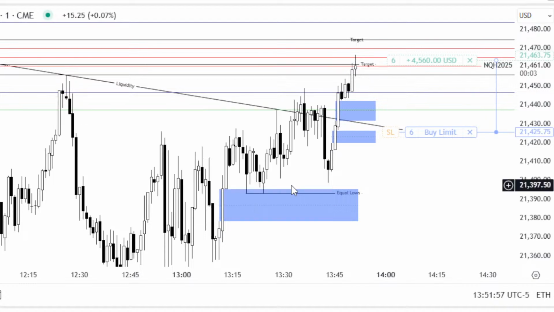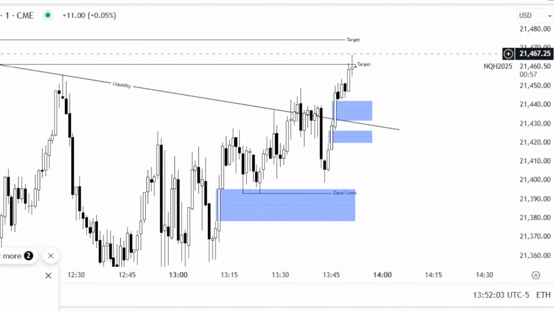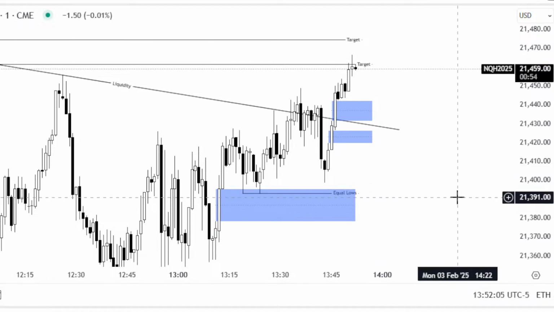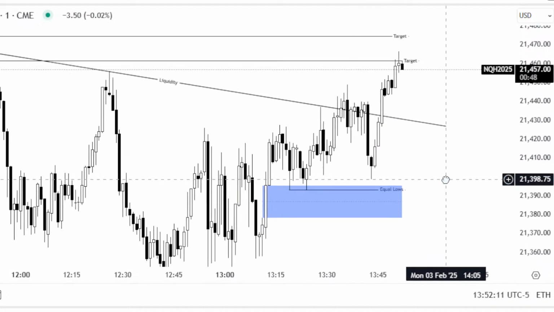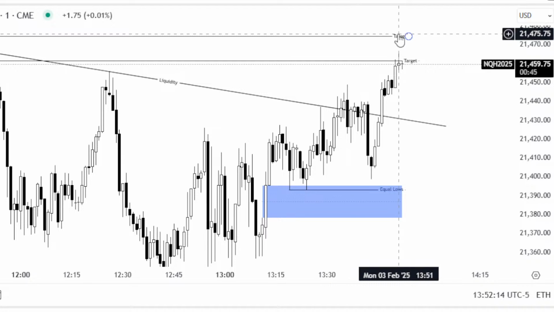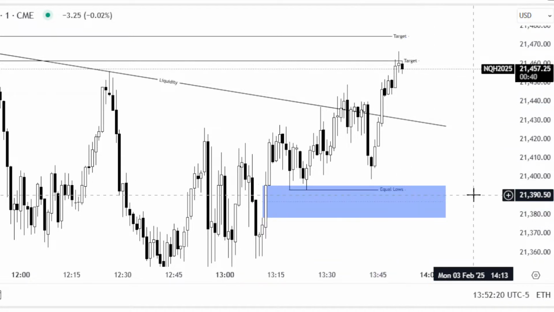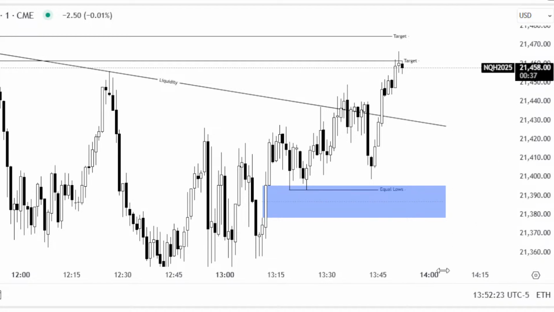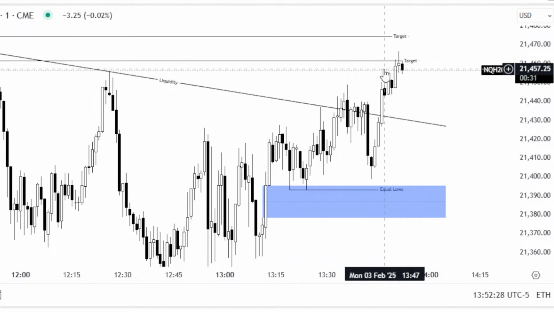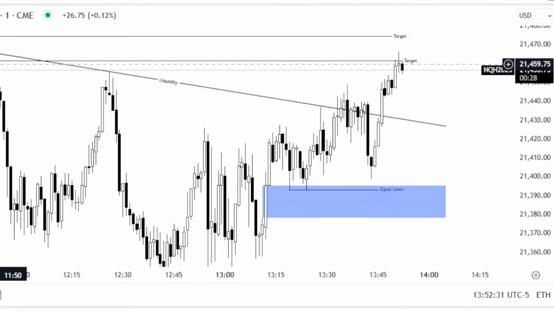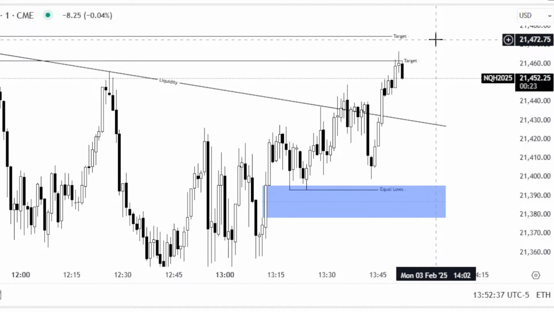Through that. There's the test in that little fair value gap, but we've run this high and 50% of that wick, so I don't know if we would go all the way up there.